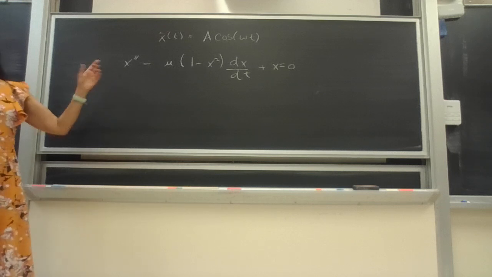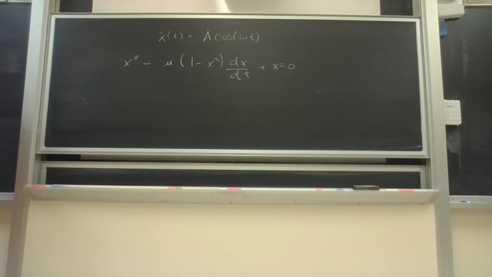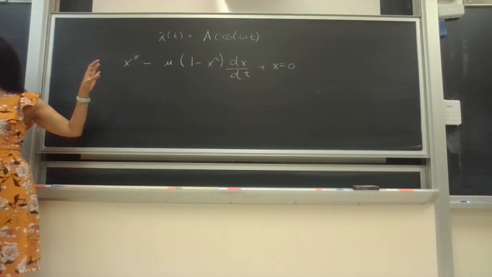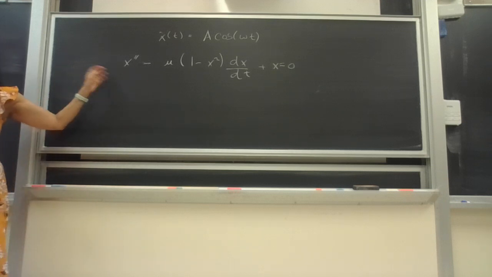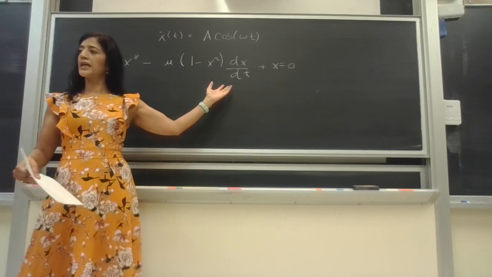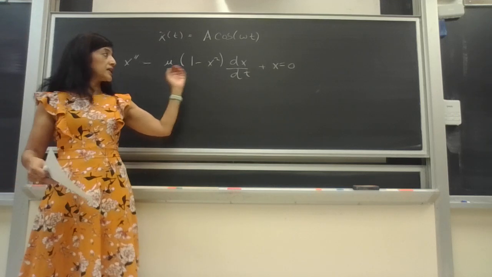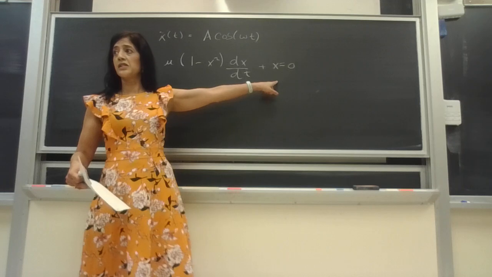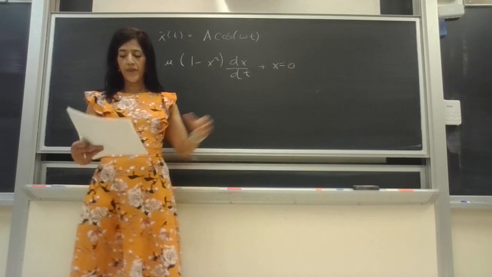And then you can now draw on your calculus that the first derivative of position is speed, velocity, and the second derivative is acceleration. So you expect to see some kind of equation like this with the second derivative representing acceleration, the first derivative representing the velocity, and then the state variable, which is the position, is right here.